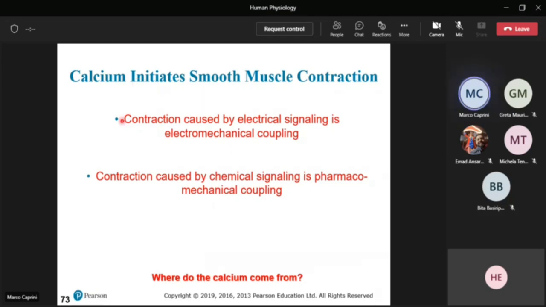We know that we can couple the electrical signal in electromechanical coupling of the muscle, but also we know that there is chemical signaling that can produce a pharmacomechanical coupling and the muscle contraction.